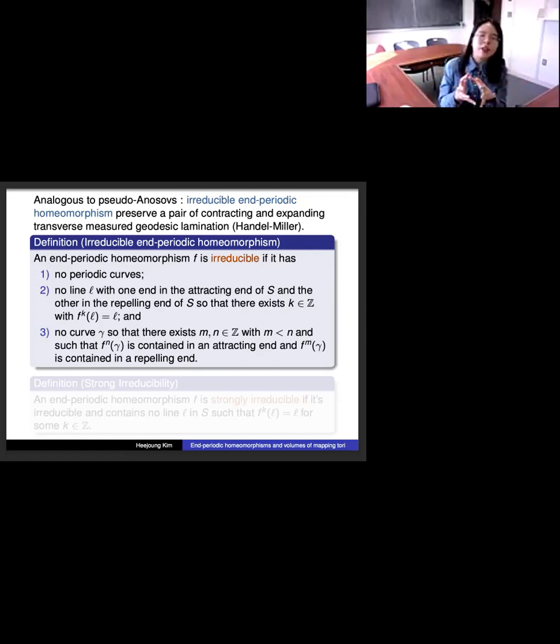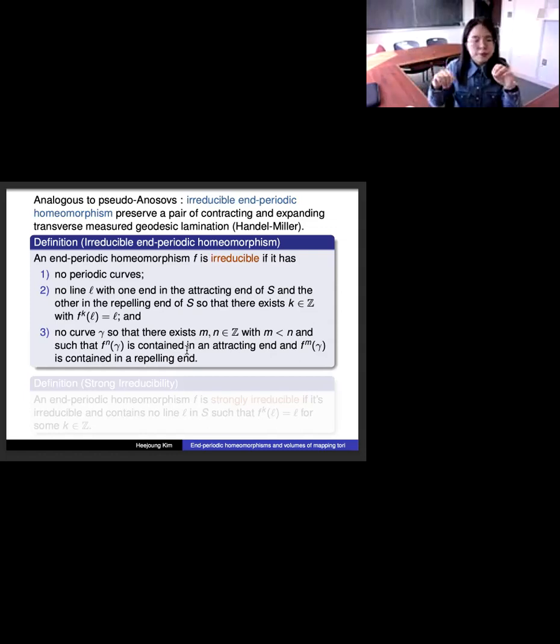An end periodic homeomorphism is reducible if F has no periodic curve and no line with one end in the attracting end and the other in the repelling end, so that there exists an integer k such that F to the k preserves the line. And there is no curve gamma such that F to the M of gamma is contained in the attracting end, but F to the minus M of gamma is contained in the repelling end.